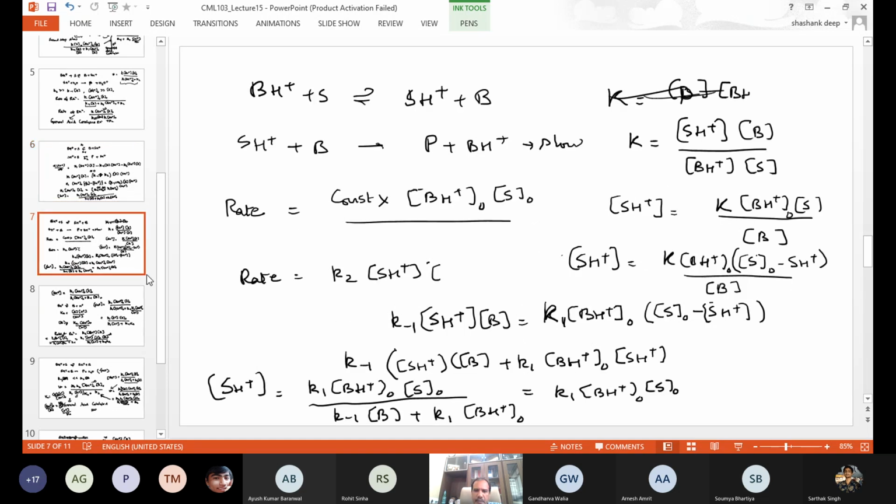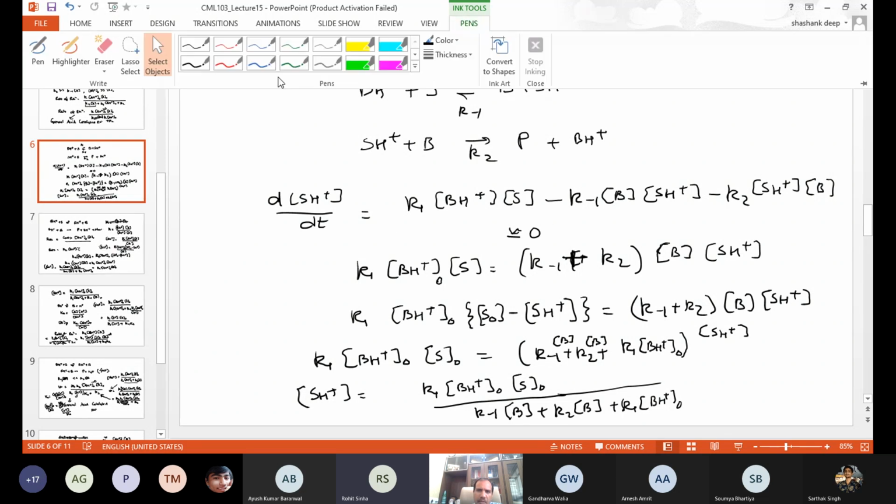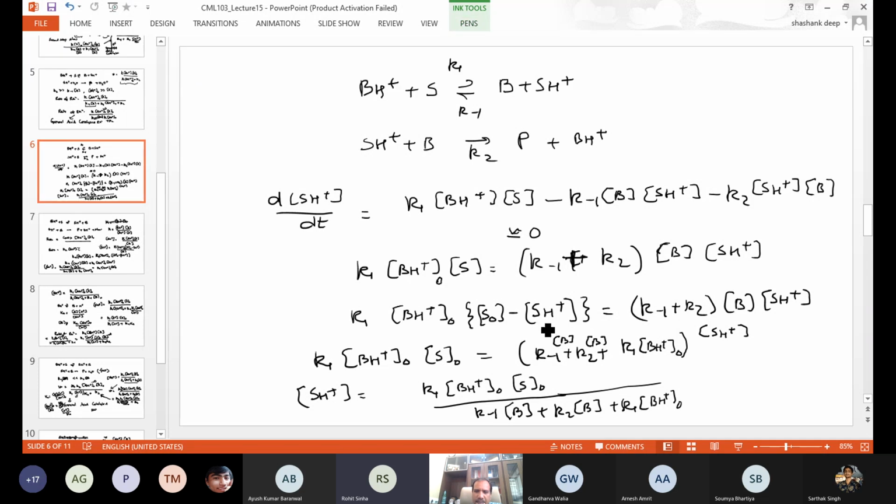So let us see. Yes, please, the previous slide. Sir, how did you write S equals S naught minus SH plus? Why minus SH plus?